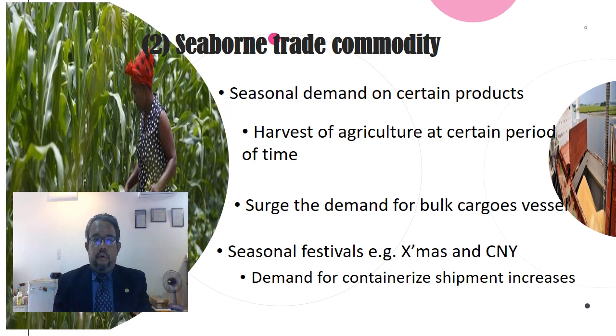Therefore, the demand for bulk cargo vessels occurs in September of that year. This is because the bulk cargo vessel is the suitable mode of transport to move commodity products such as wheat, grains, and sugar from one destination to another.